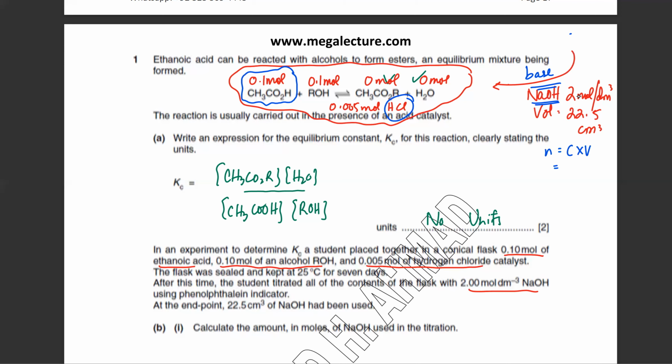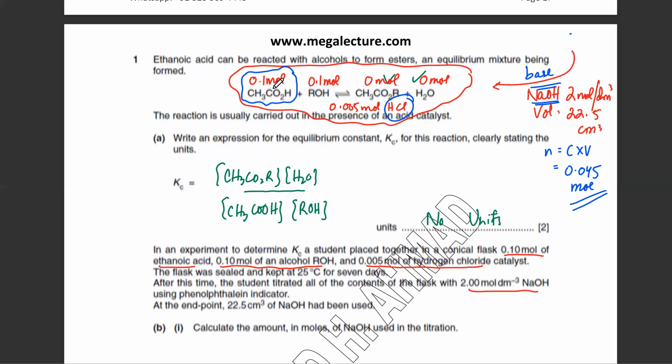And that gives me 0.045 moles. So he's adding 0.045 moles of NaOH. And these moles are going to react with HCl or with the ethanoic acid that is present.